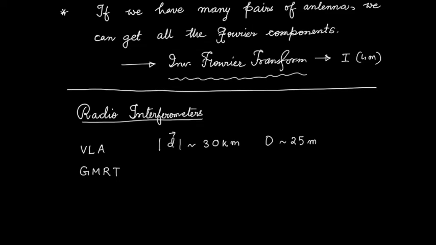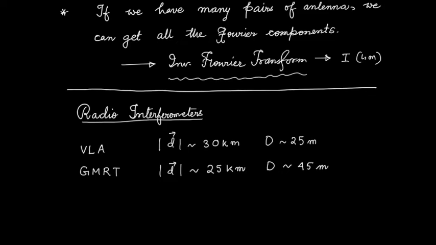The Indian interferometer is called GMRT, Giant Metrewave Radio Telescope, where the largest separation is about 25 kilometers. So the farthest antennas are kept 25 kilometers apart. VLA was in a desert; GMRT is not in a desert. It's within farmlands. And the dish is 45 meters.